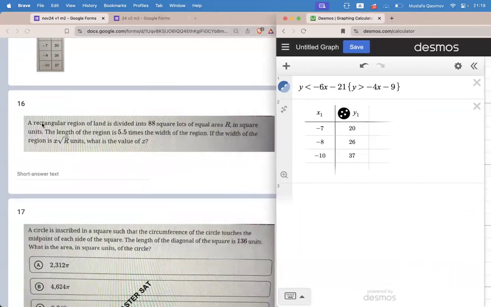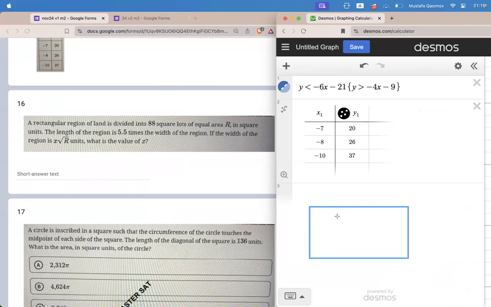16. For 16 it says that we have a rectangular region like that, divided into 88 square lots of equal area R. So it is divided into 88 smaller areas, I don't know how they are shaped.